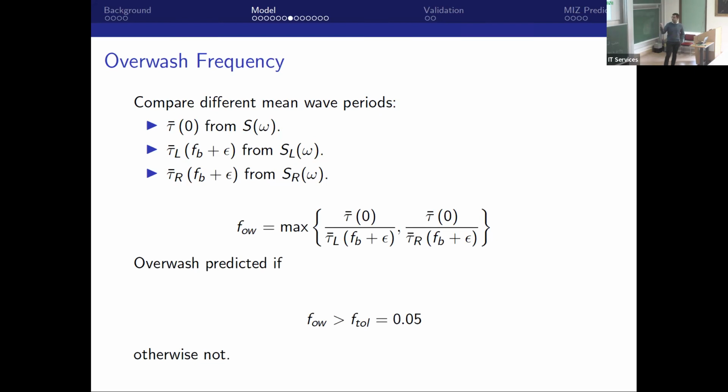So we say the flow is overwashing if our frequency of overwash is above this tolerance, which we choose to be 0.05, which corresponds to an overwash event at least once every 20 mean wave periods, I should say. So it's quite long, but still kind of significant. And if it's below that, then we don't care. We just think it's overwashing too infrequently to care. Although I guess we can also pull out even more information and get some kind of distribution of frequencies and even possibly heights as well from our spectra at the left and right edge.